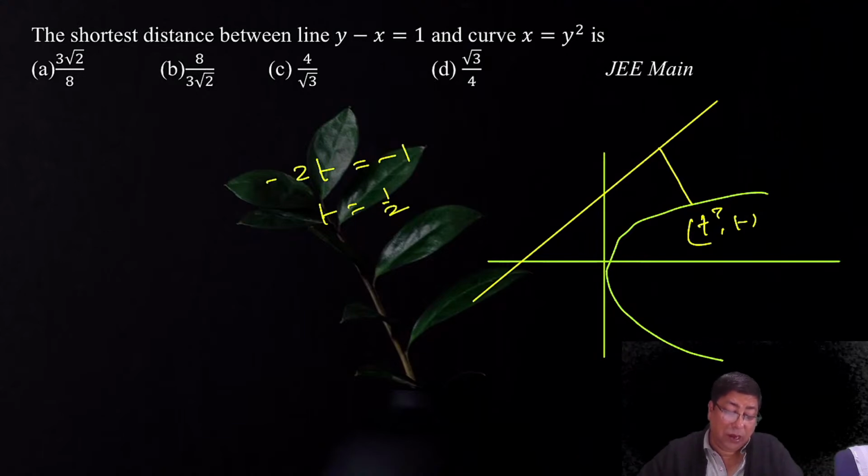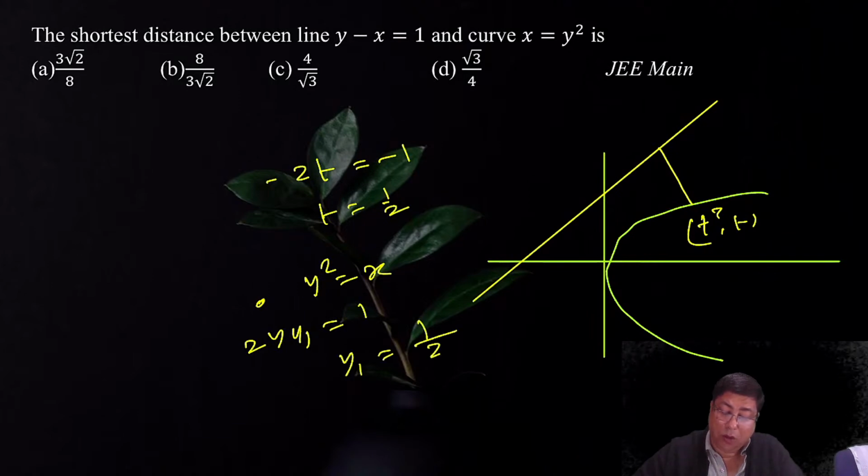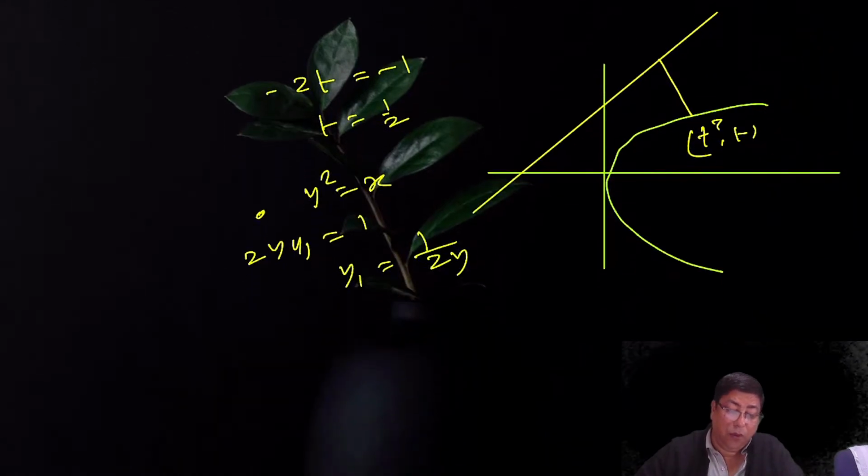The target is the perpendicular distance. We can write y square equal to x, so 2y y1 equal to 1, y1 equal to 1 by 2y. Therefore, minus 2t equal to minus 1 by y1.